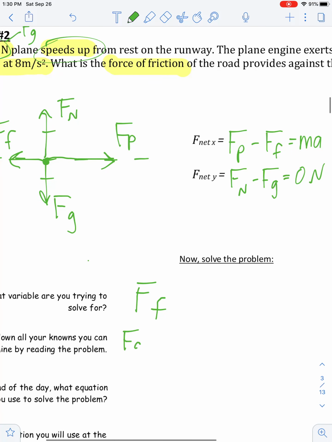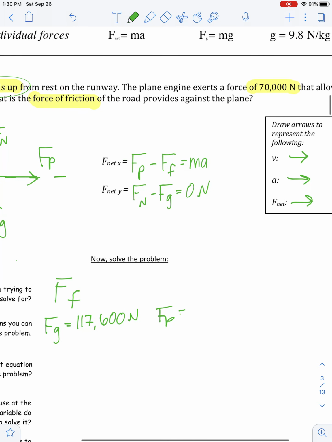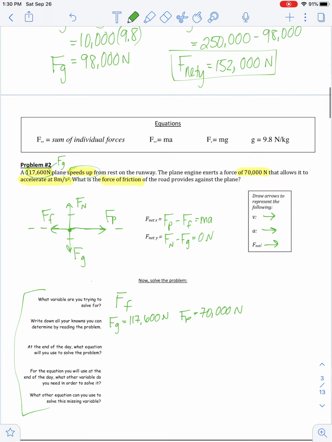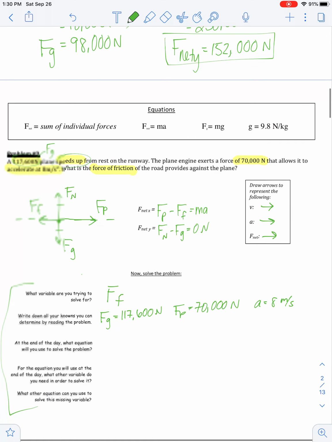So I know Fg is equal to 117,600 newtons. I know the push force is 70,000. And I know the acceleration is 8 meters per second squared. Those are my given variables.